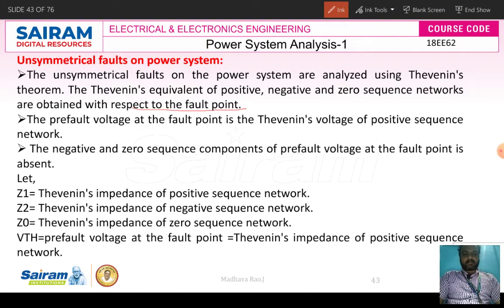According to Thevenin's theorem, Thevenin's voltage is always in series with the Thevenin's resistance. So this is the Thevenin's equivalent resistance, load resistance. So this is V Thevenin.